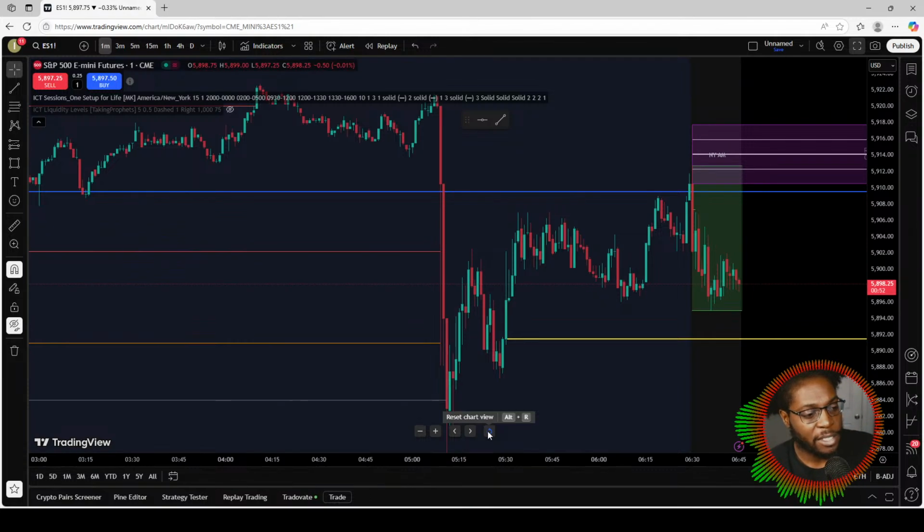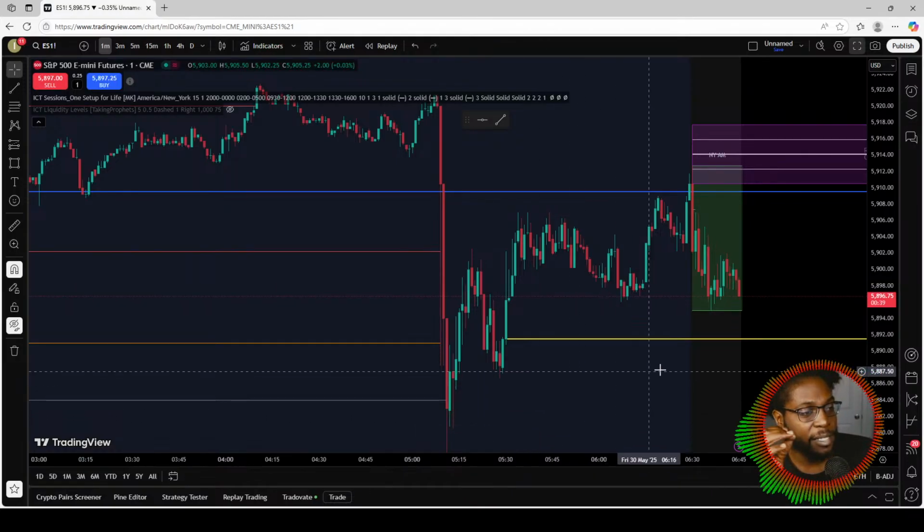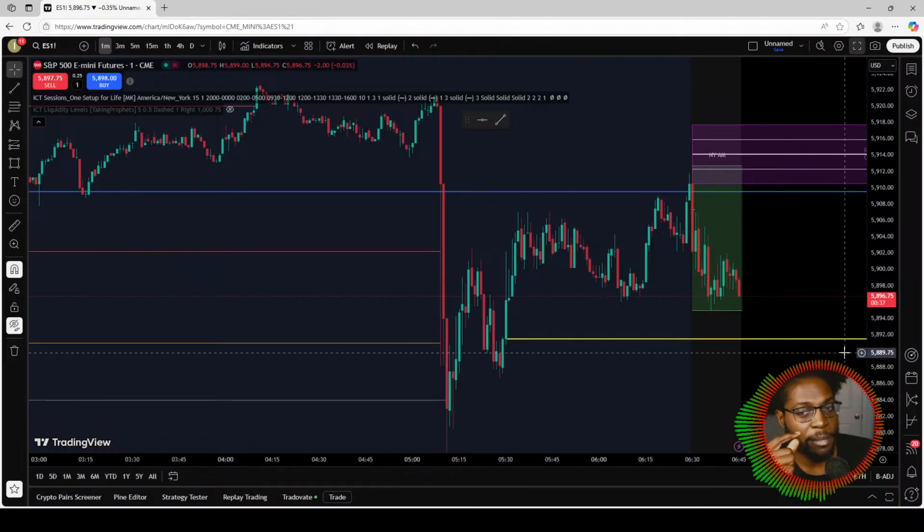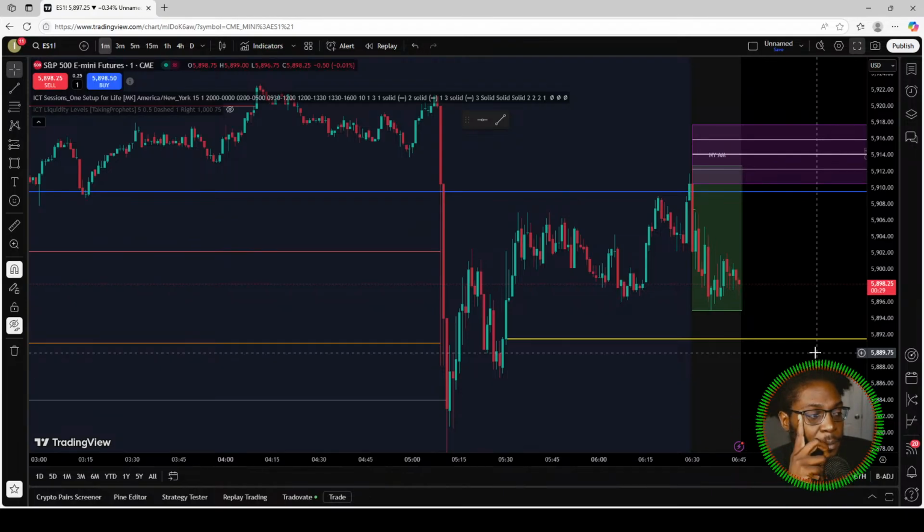There are different participants when the market opens, so it gives people the opportunity to get into the trade. I want to see it sweep these areas while we're in our current session.